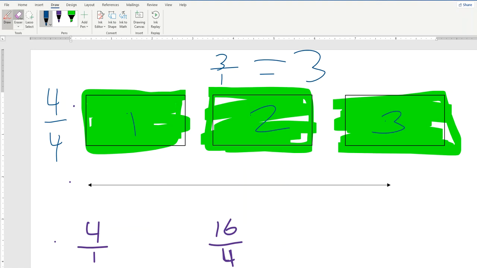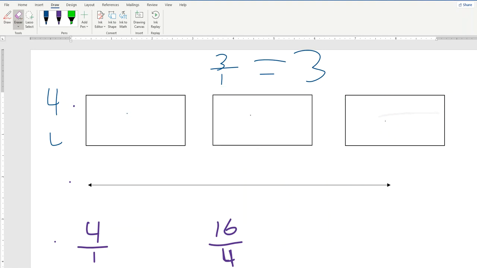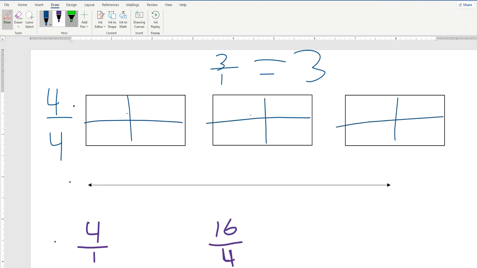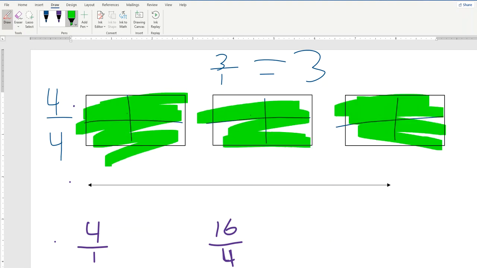So going back to our fourths here, I didn't mean to erase it, I'm sorry. Going back to our fourths here though, if we cut it into fourths and shaded them all in, we would have 1, 2, 3, 4, 5, 6, 7, 8, 9, 10, 11, 12.